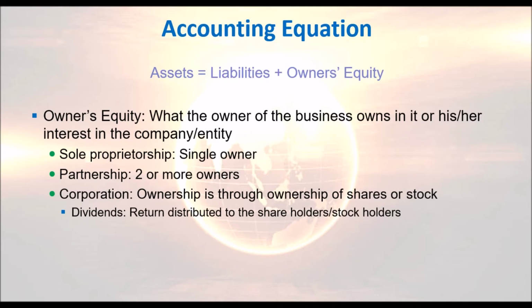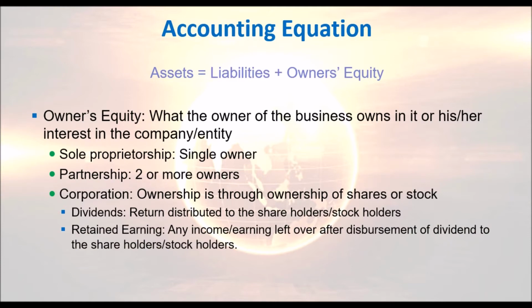When the company is doing well, the company may give part of its earnings to its owners in the form of dividends, and that is their return distributed to the shareholders or stockholders. And the retained earnings: the company may decide to retain some of its earnings for future use, and that would be the retained earnings, and we'll be doing a statement on that later on in this video.